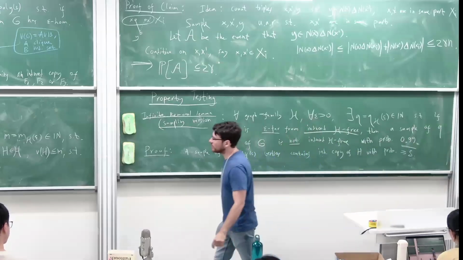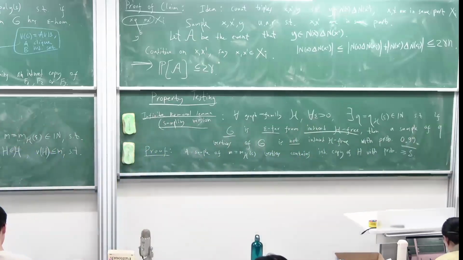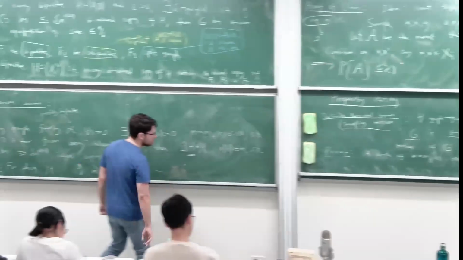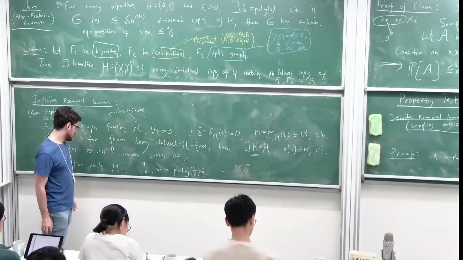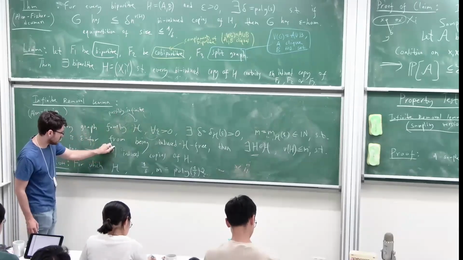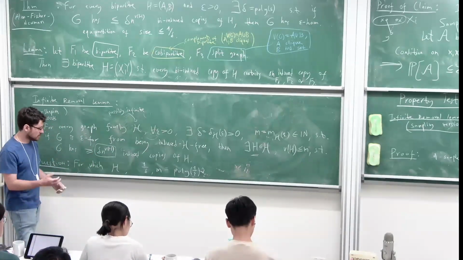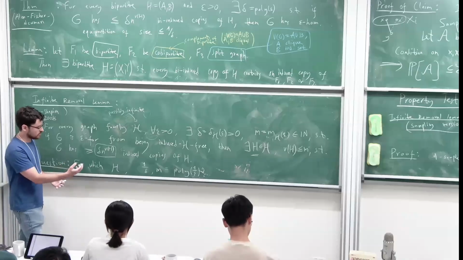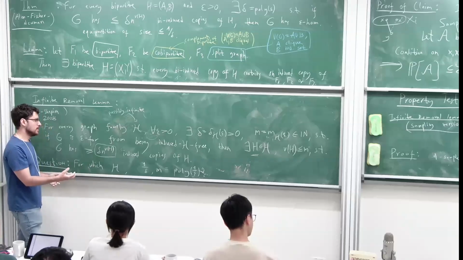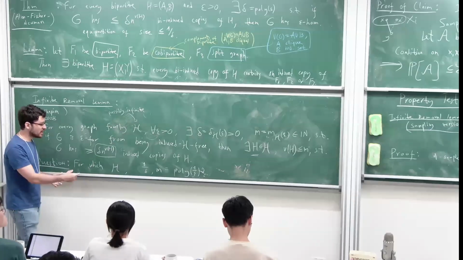If we go back to this statement, we have this delta and M, and we have this graph H, which is of size at most M, such that we have at least this number of copies of it. So this means that if we sample V of H vertices, or even more, so let's say M vertices, the probability that we catch a copy of H is at least delta.